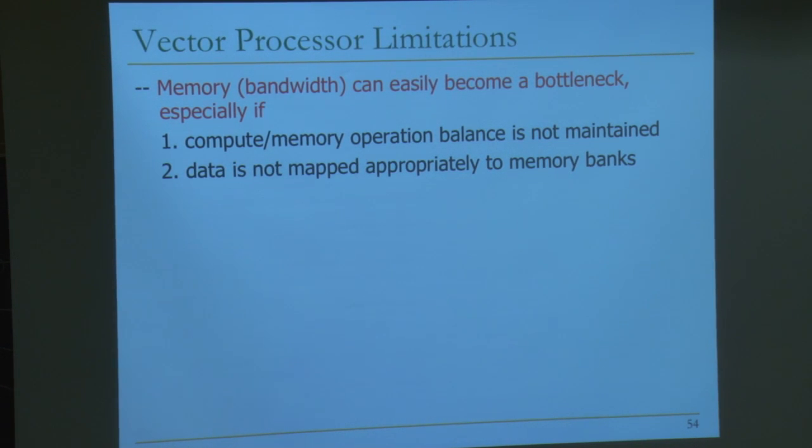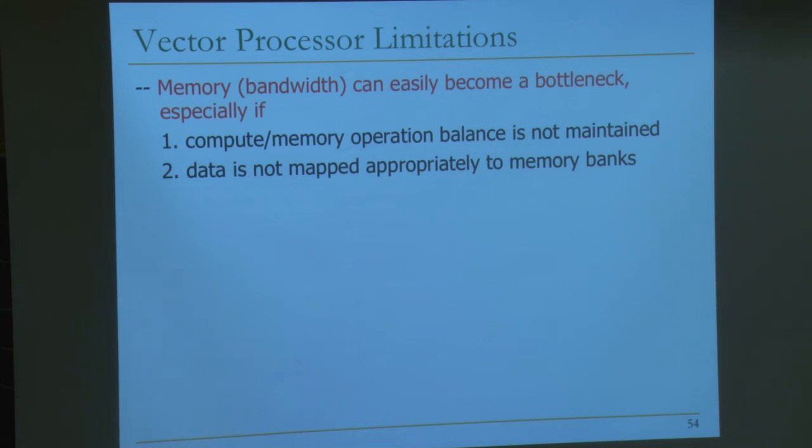Think about loading a million entry matrix. One load specifies that, and you need to load it, especially if the compute memory operation balance is not maintained, especially if data is not mapped appropriately to memory banks. If you do a bad job in mapping your data to these memory banks, you'll get lots of contention. And there's no easy way to map the data easily, right?